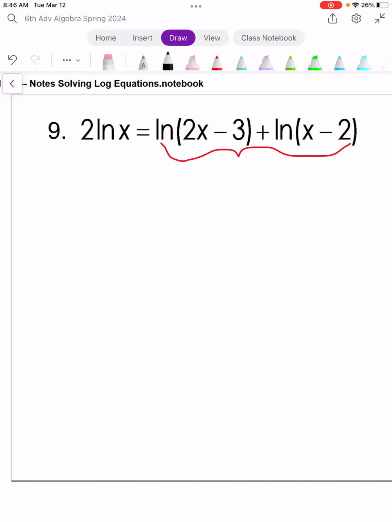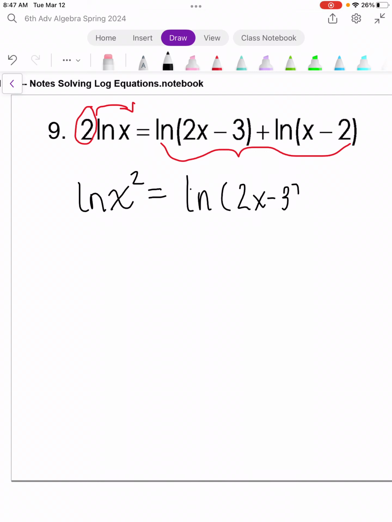So this 2, if you remember from your properties, is going to become an exponent. On the left-hand side, this is the natural log of x squared equals. Now if I condense the right-hand side, that would become the natural log of 2x minus 3 times x minus 2.